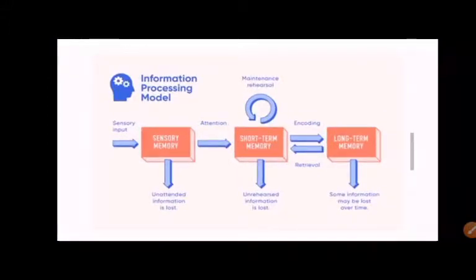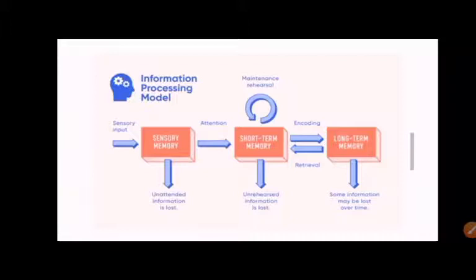So this is the information processing model. First, the information is filtered from our sensory memory. Our sensory memory is everything we can see, hear, feel, or taste in a given moment.